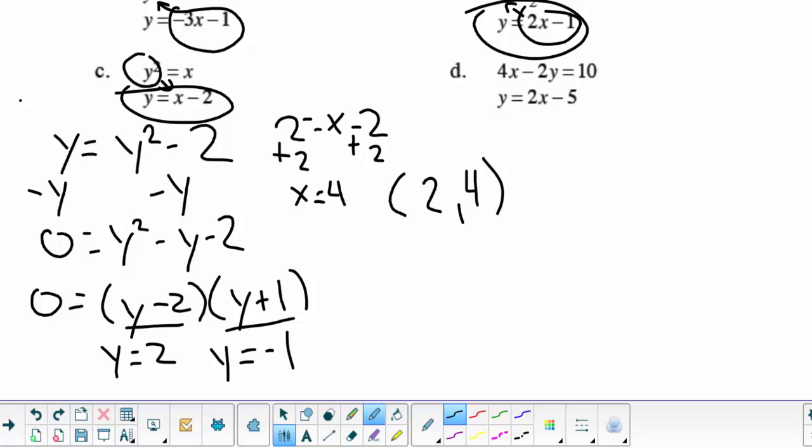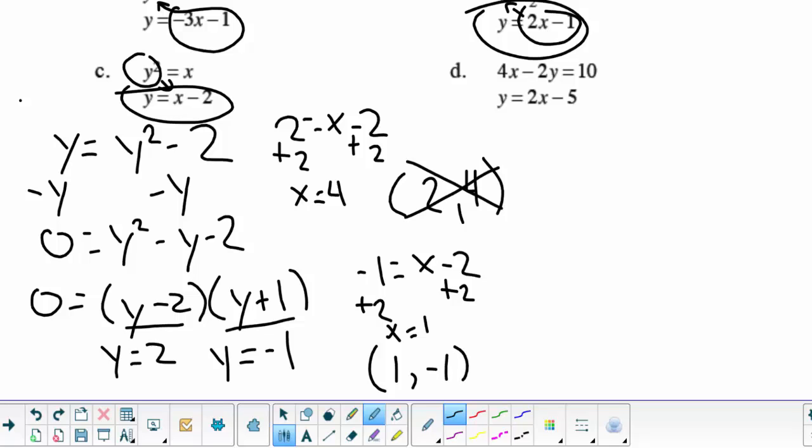I'm going to use the same one. So I'm going to say negative 1 equals x minus 2. And I add 2 to both sides. So I get x equals positive 1. So that means this one intersects at 1, comma, negative 1. And that just made me realize this is not right. I put the y first, then the x second. So this ordered pair should be 4, comma 2. Sorry about that. So we have two intersecting points there.